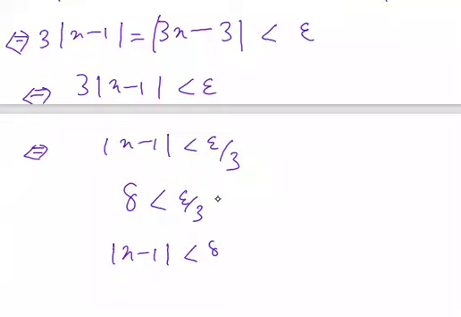Your delta clearly depends on epsilon. If you pick any value for epsilon, then choosing this delta depends on that epsilon value. You have to choose a delta less than epsilon over 3.